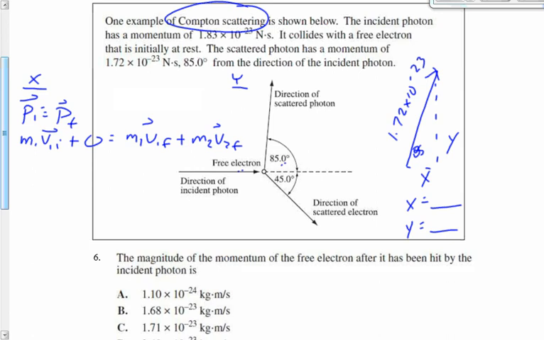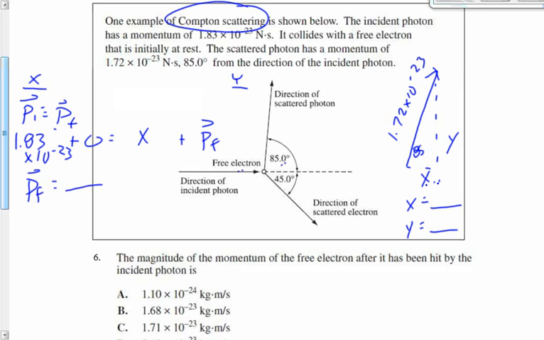So m1 v1i is the momentum of the photon, 1.83 times 10 to the negative 23, plus 0 equals m1 v1f, whatever you got for the x component there. m2 v2f is whatever the final momentum of the electron is. Solve for the final momentum of the electron for the x component.